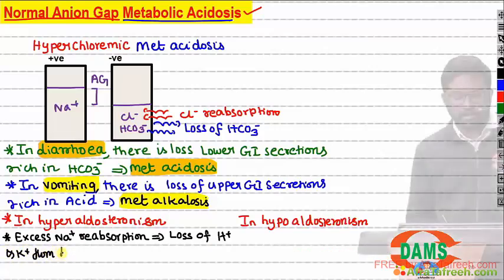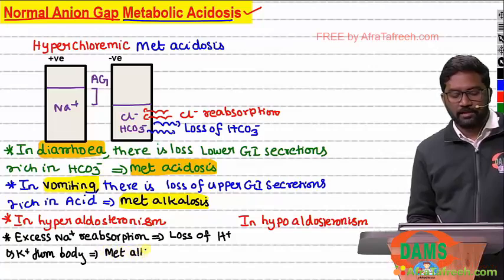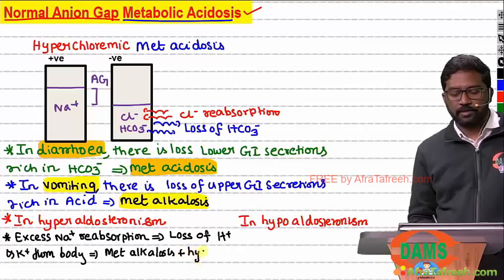Because H plus and K plus are lost, what will the body develop? Metabolic alkalosis with hypokalemia.